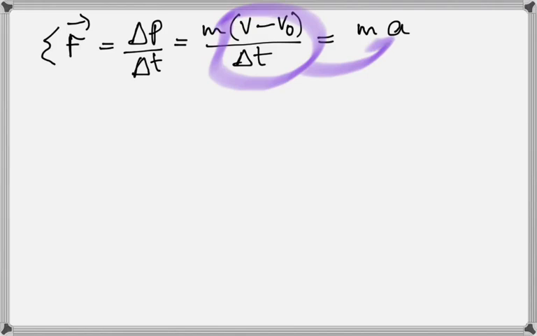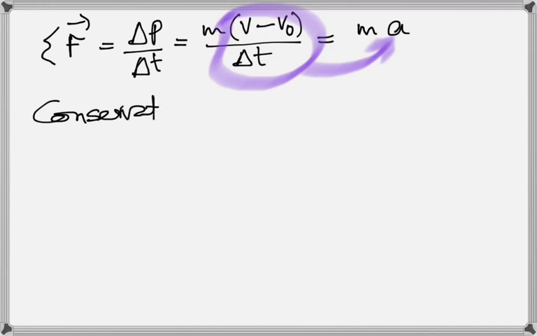And what is v minus v naught divided by delta t? Acceleration. Why? Change in velocity divided by time. So you see how we get that formula. Now we have derived it. In the last chapter when we studied it, I just told you. But now we derived it. Is that making more sense now? Okay.